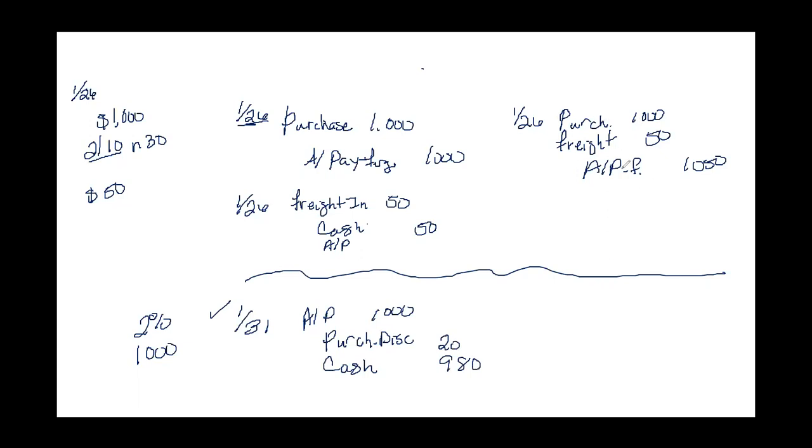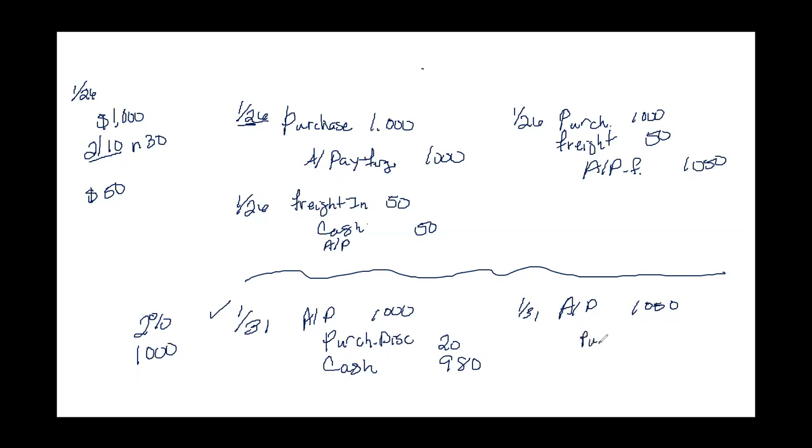Now, if it was this journal entry where the seller incorporated the shipping in their cost, on 1/31 we would still do accounts payable, but we're going to put 1,050 there because that's what we have it on the books for.